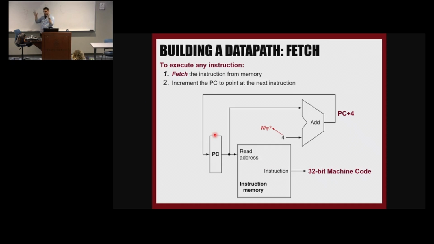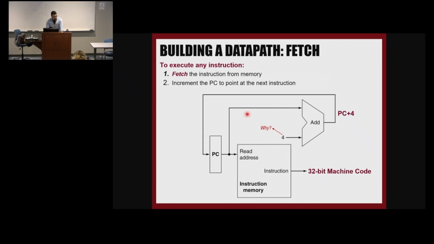Okay. So these are the blocks that we need. If we put everything together, this is how the fetch step looks like. We have an instruction memory and program counter, where we don't care about what is happening before this. We have program counter going to the instruction memory. The output of the instruction memory is going to be a 32-bit machine code. We know how it is now. We're familiar with encoding and decoding.